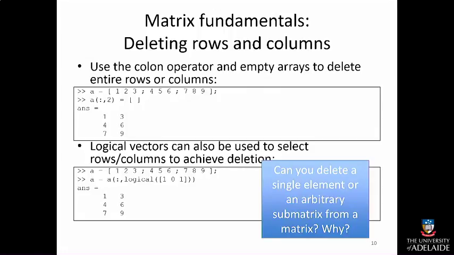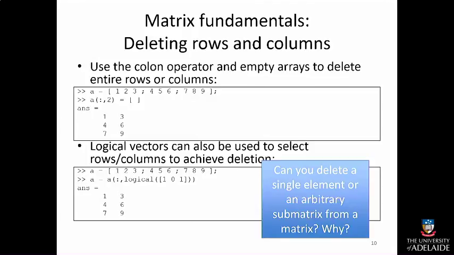What about deleting rows and columns? Does anyone remember how to delete a row or a column? We did it in the first tutorial. We used to make use of the empty matrix, right? So in this matrix A, if you want to delete the second column, you have to tell MATLAB you want to get rid of all the rows in the second column.